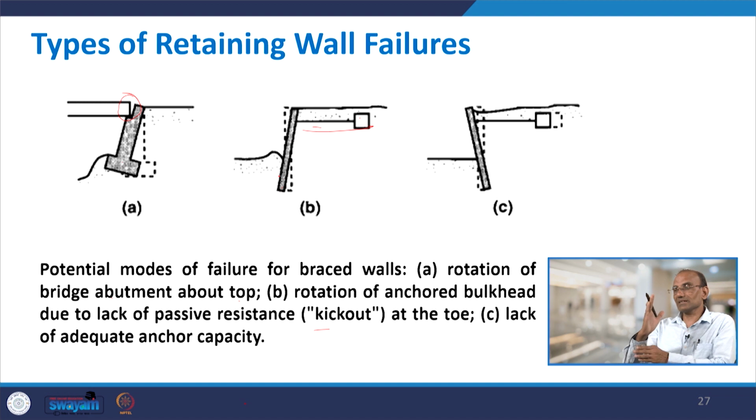It is not going in this direction due to anchoring, rather it tilted. So, the top portion moves inside, the bottom is outside. Then in another case, top is moving out, bottom is in. So, this is a lack of adequate anchor capacity. This could be another type of failure.